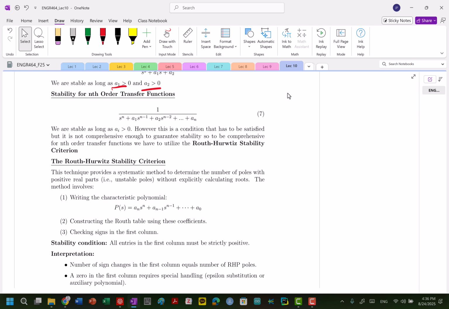For anything greater than second order, we have to develop what's called the Routh-Hurwitz stability criterion. It is computationally intensive, or at least laborious by hand, and not as easy as the other ones, but it's very important that we develop this toolkit in order to analyze the system.